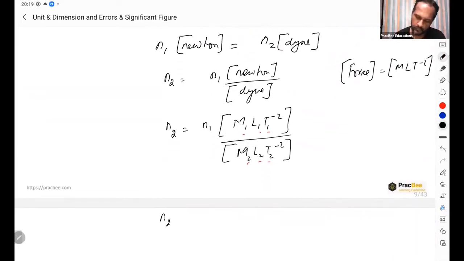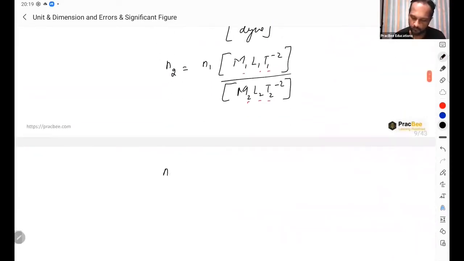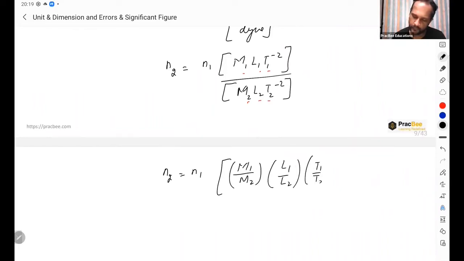N2 is equal to N1 into M1 by M2, L1 by L2, T1 by T2 to the power minus 2. Now, M1 is for Newton, M2 is for dyne. M is mass, so M1 will be in kilogram and M2 will be in grams.